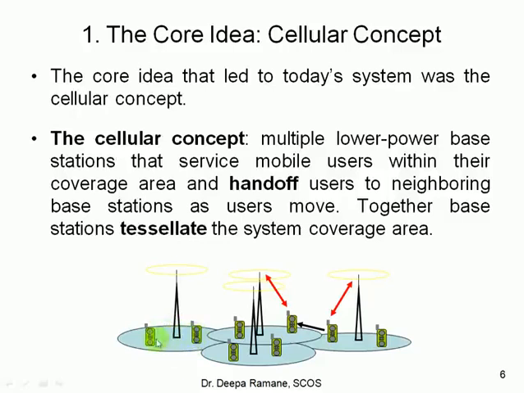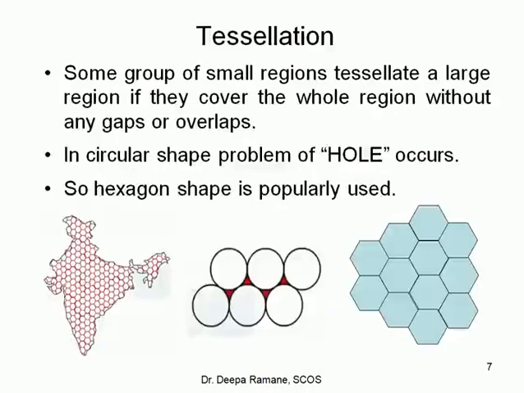So these two mobiles will be provided all the services by this particular tower, these two will be served by this particular tower, and so on. This is how your big area is divided into small regions called cells.